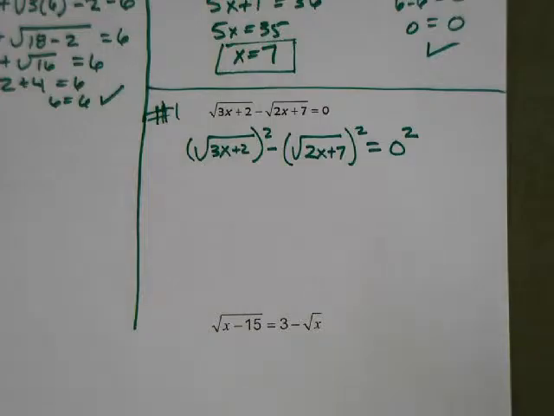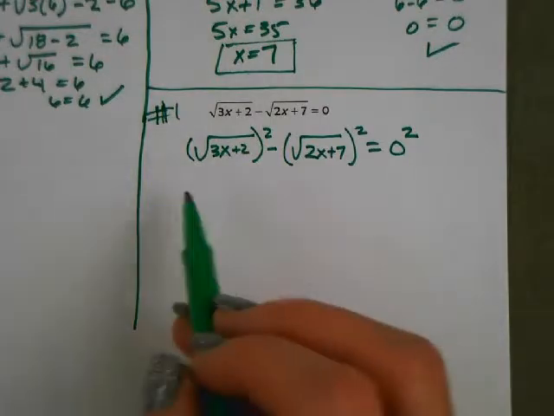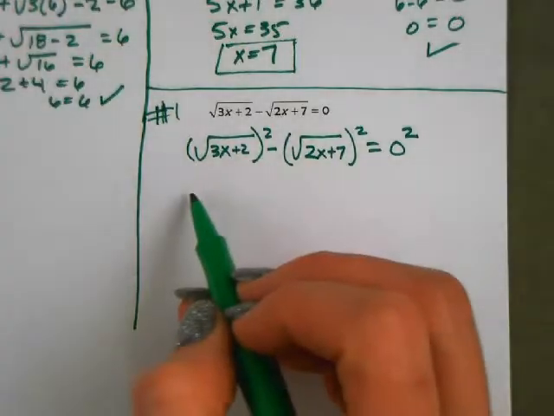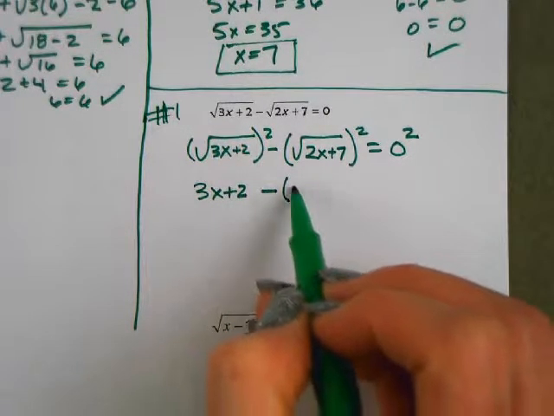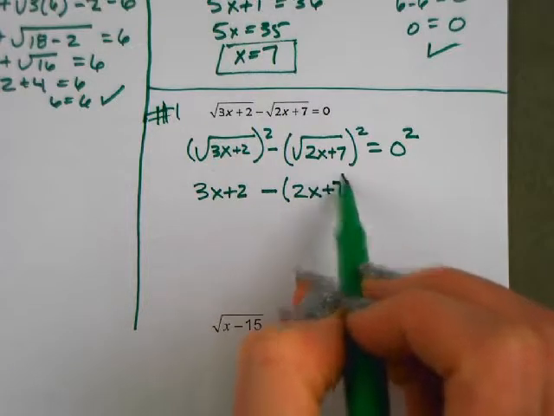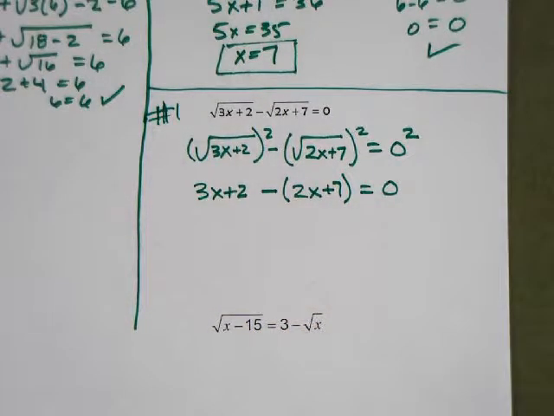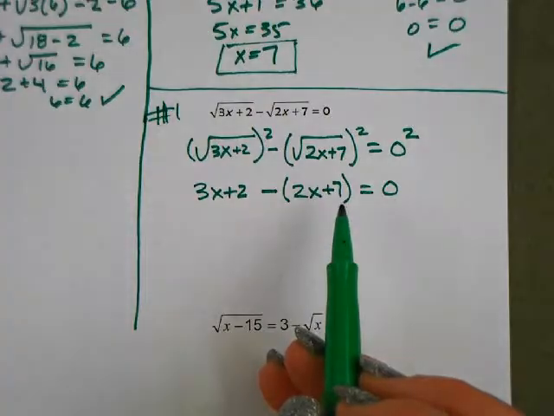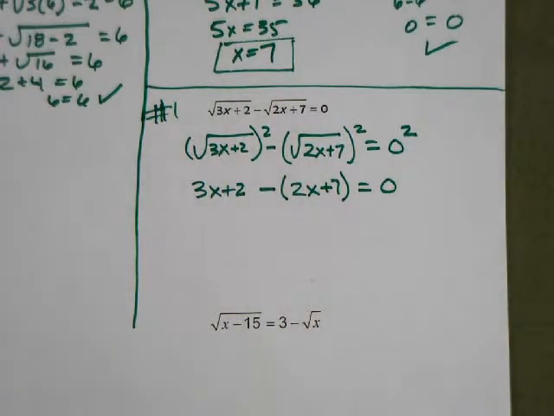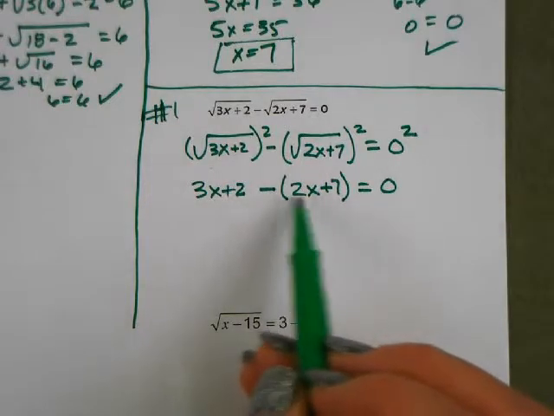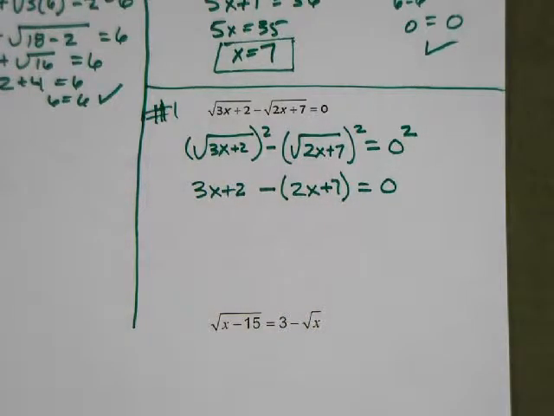Otherwise you've changed the equation. Okay? So at this point, these are going to cancel, so I'll just be left with 3x plus 2 minus 2x plus 7 equals 0. Now, the reason why I put the parentheses around the 2x plus 7 is because this whole radical expression is one expression, right? So that negative is going to get applied to each item.